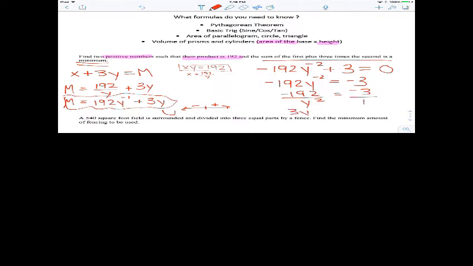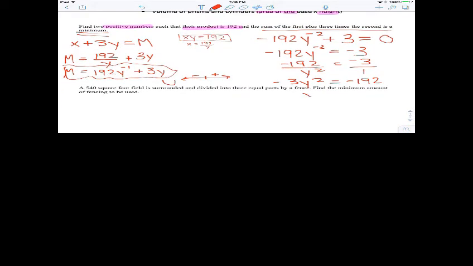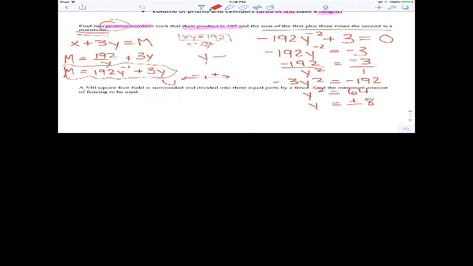So you can say negative 3y squared equals negative 192. Divide both sides by negative 3. So 192 divided by 3 is 64. And so y equals plus or minus 8. Now, you have to think about your other constraint, right? Your other constraint was that they should be positive. So here you're getting that y should be 8.